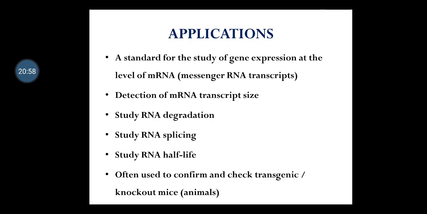It is also helpful for the detection of mRNA transcript size. Then it is useful for the study of RNA degradation, splicing, and the half-life of RNA as genetic material. It is often used to confirm and check the transgenic knockout mice, that is, in case of animals.